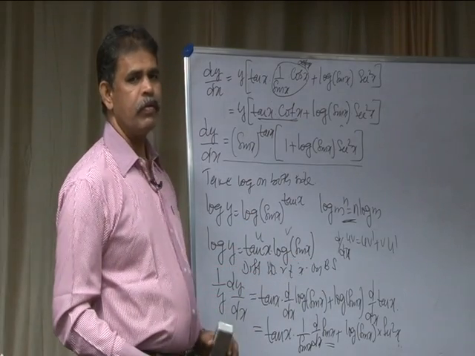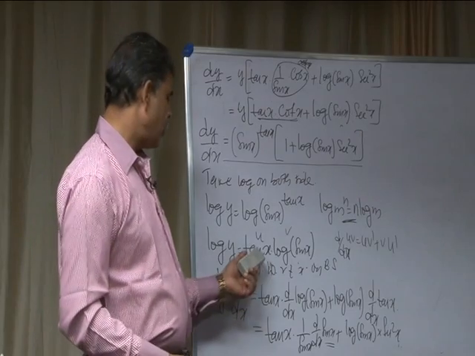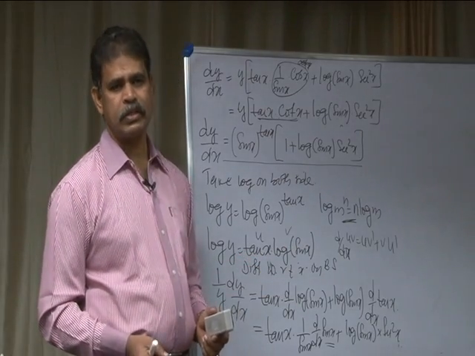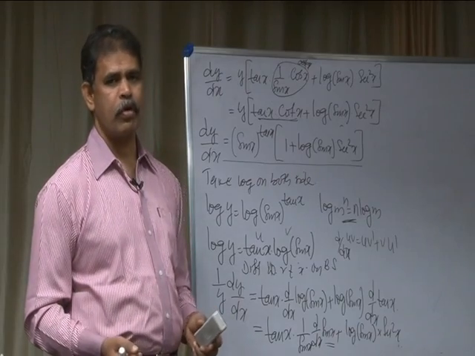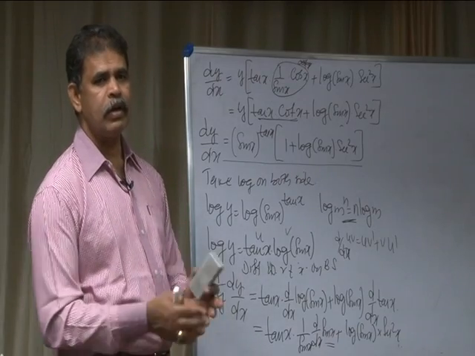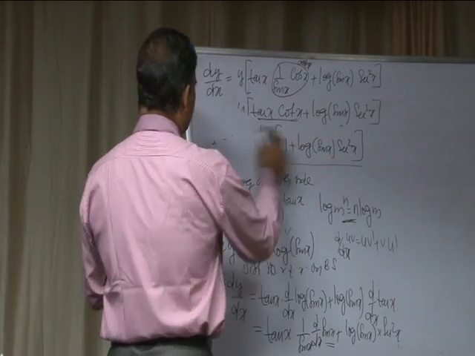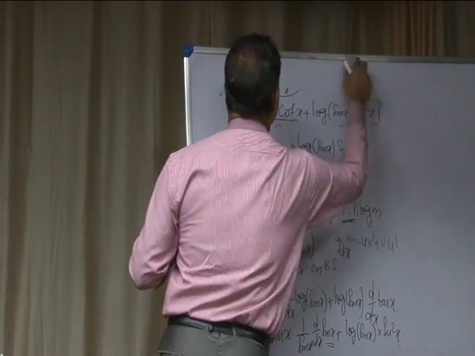Now, we have to differentiate on both sides. The right side is in the product of two functions form, there we have to use product rule. Is it clear? Finally, we need to get the dy by dx. I will take another example.